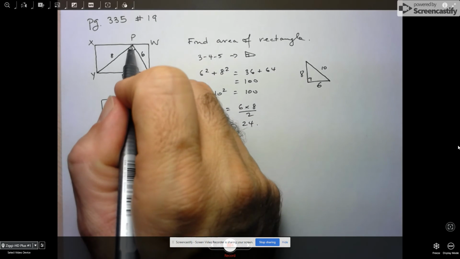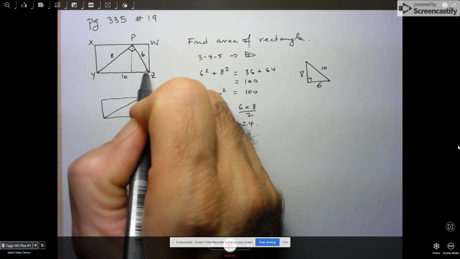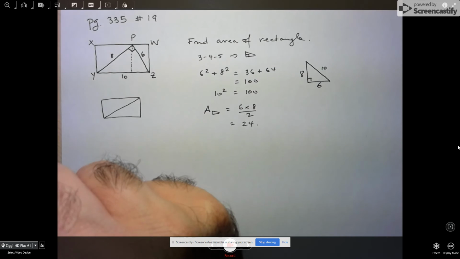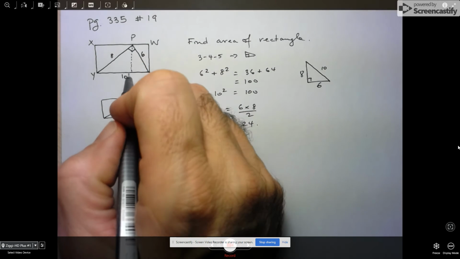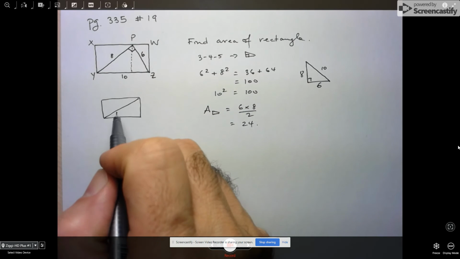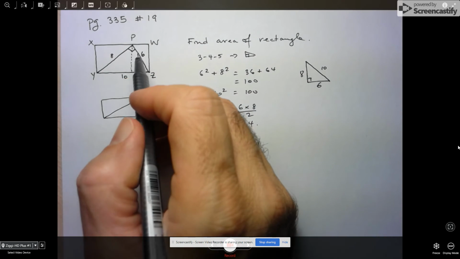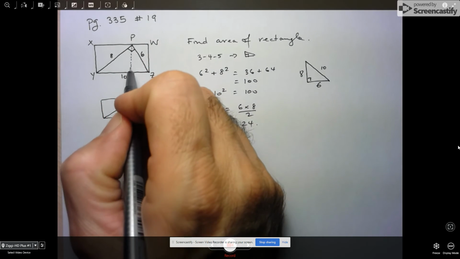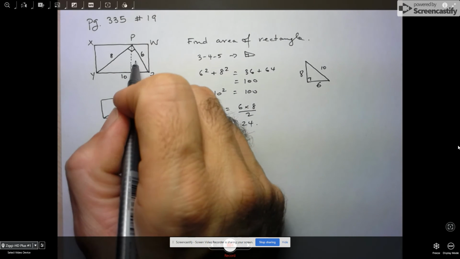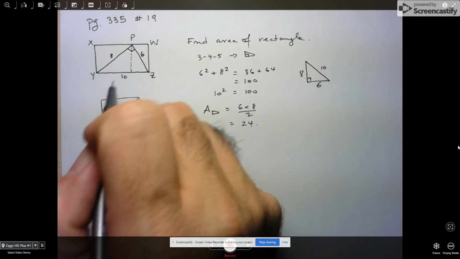Now what's important is that this line is parallel to that line, and of course also parallel to the other height of the rectangle. And look what I've produced. I've produced two rectangles that look exactly like this. So I realize that this portion of that right angle triangle is half the area of this rectangle.